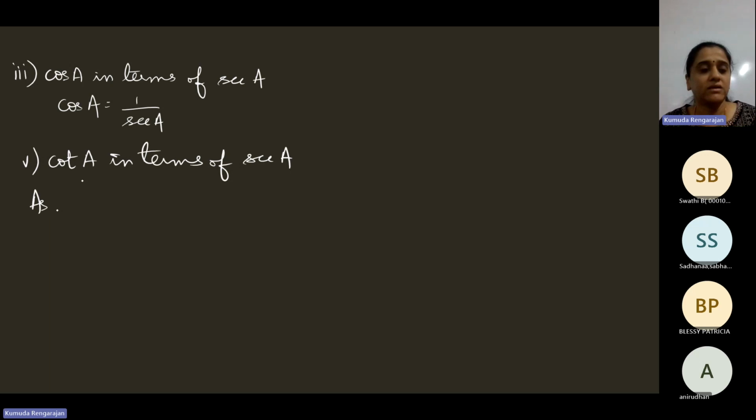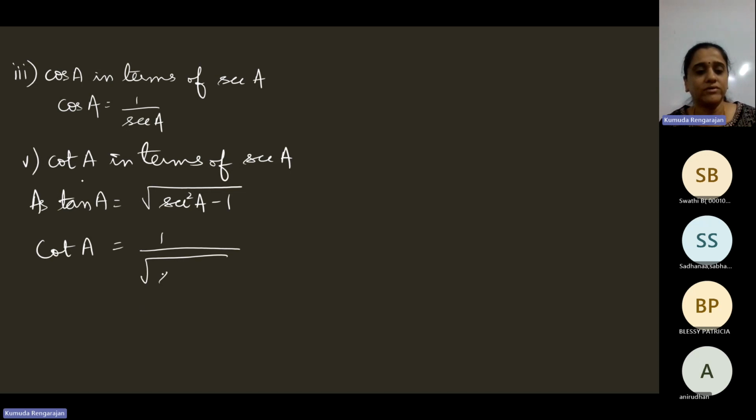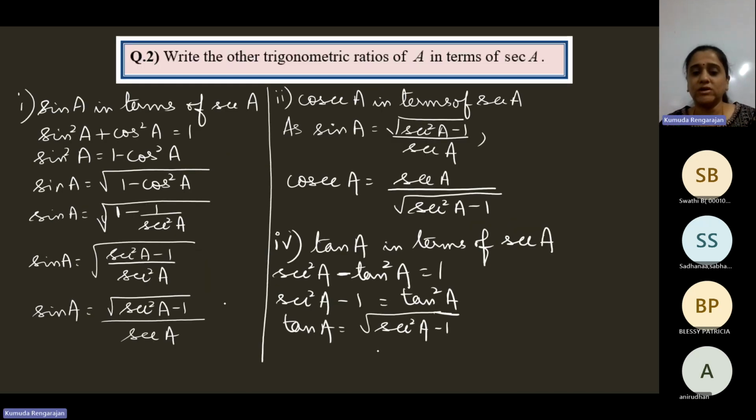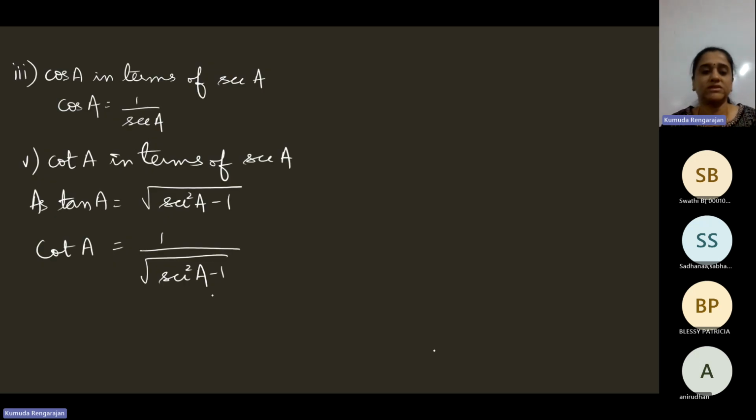As tan A is equal to square root of secant square A minus 1, cot A will be equal to 1 by square root of secant square A minus 1. Because we got tan A here, root of secant square A minus 1. So cot A, the reciprocal, will be 1 by square root of secant square A minus 1. Yeah, right on.